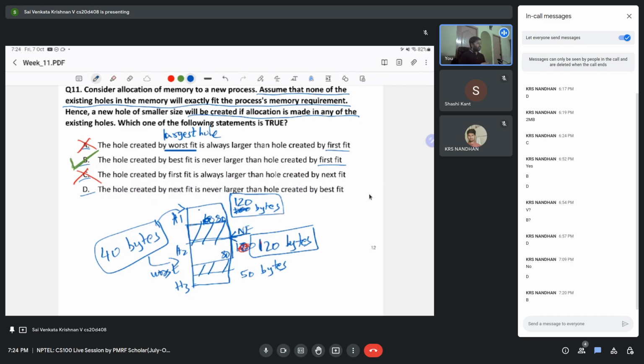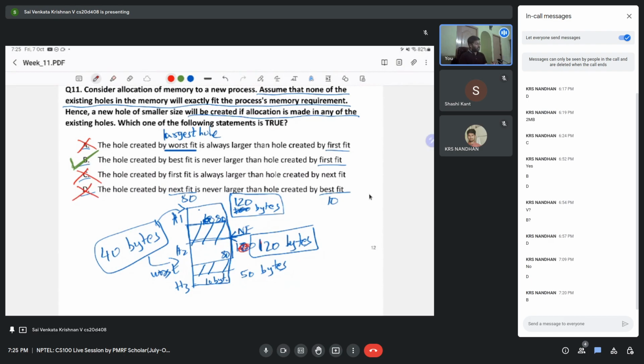But in a best fit, it will see which one has the least hole size pertaining to this 40 bytes. So 50 bytes is the least one it can find. So the 10 bytes hole would be the newly created one. So next fit has created 80 bytes, whereas best fit has created 10 bytes. But it's telling next fit will never be larger than the hole created by best fit. So we found a contradicting example for option D also.